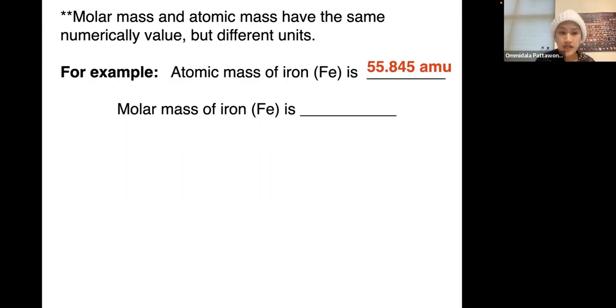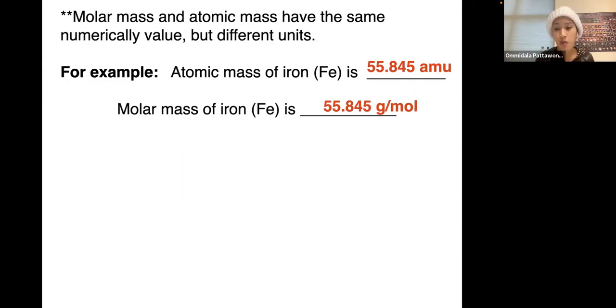Now it turns out that the molar mass of iron, if you have 6.022 times 10^23 atoms of iron, or 1 mole of iron, right? The mass of 1 mole of iron comes out to be 55.845 as well, but it's going to be in different units. Okay, so the number comes out to be the same, but they are going to have different units.